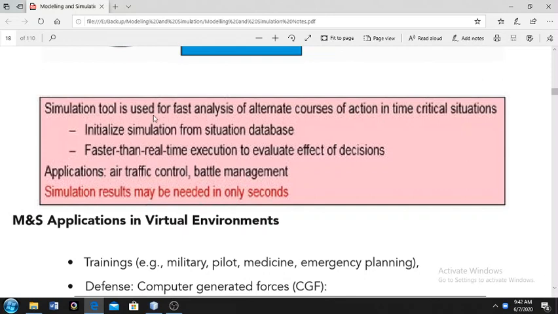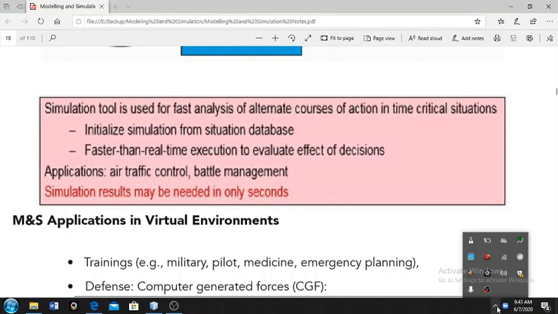Simulation tools are used for fast analysis of alternate courses of action in time-critical situations, analyzing the simulation faster than real-time execution to evaluate the effect of a decision. For example, in a battlefield, simulating with real soldiers can be very expensive.